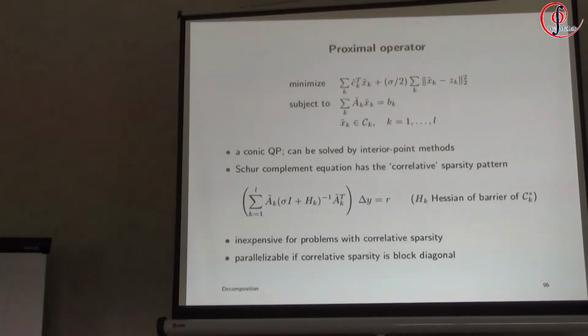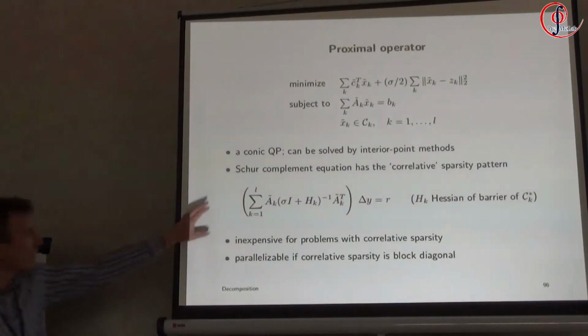And the important thing is that the sparsity of this system is what we call the correlative sparsity pattern of the original problem, because here we removed all the consistency constraints that coupled everything. So in many applications, this will be very sparse, even though the original SDP was very dense. And it may even be block diagonal.